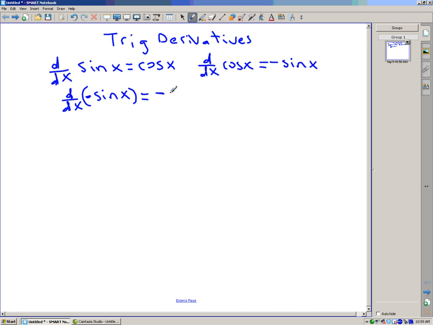We can take that -1 out in front of the derivative, and we'll call it negative derivative of sine, which of course is just negative cosine of x. You could do the same thing with cosine: the derivative of negative cosine, pull the negative out front, and the derivative of negative cosine is positive sine.